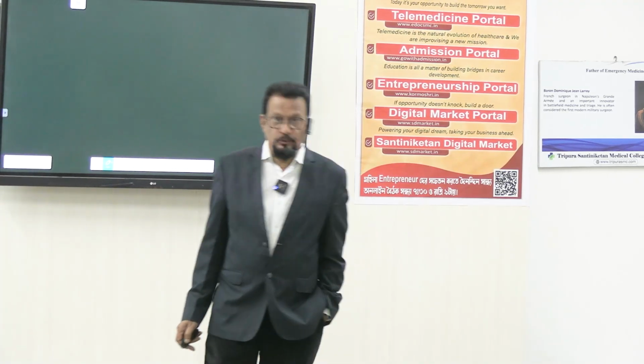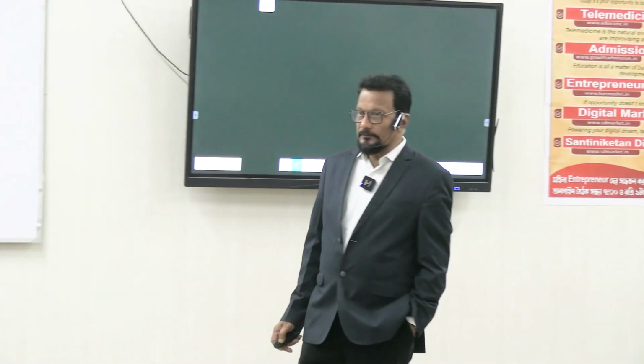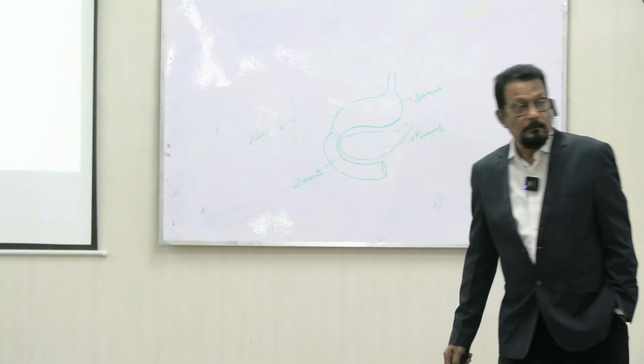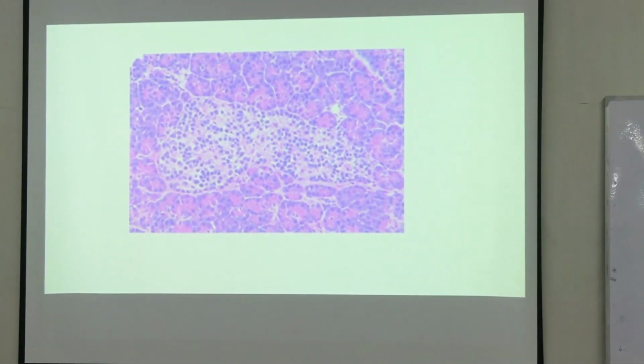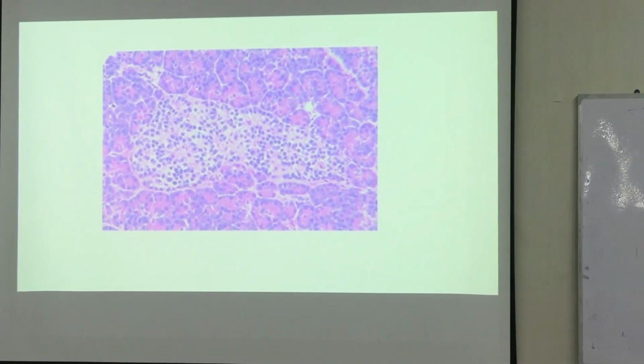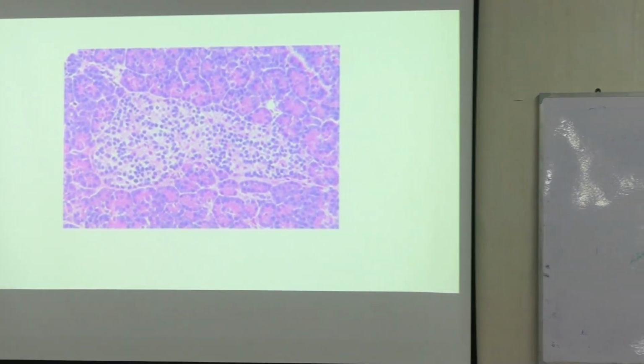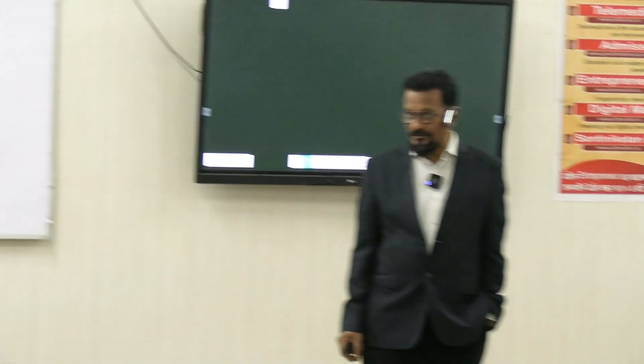And these hormones are insulin, glucagon, somatostatin. Okay? So these are the hormones secreted from the islets of Langerhans. That is the endocrine part of pancreas. But this is not the point of our discussion.